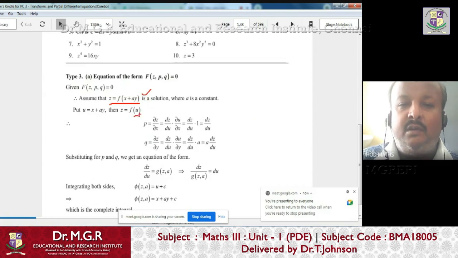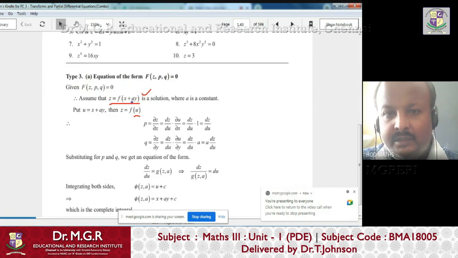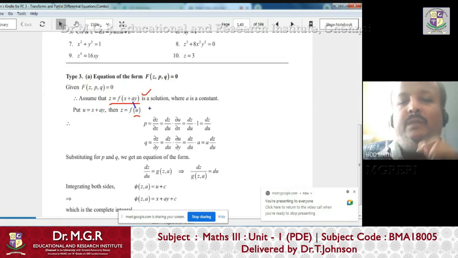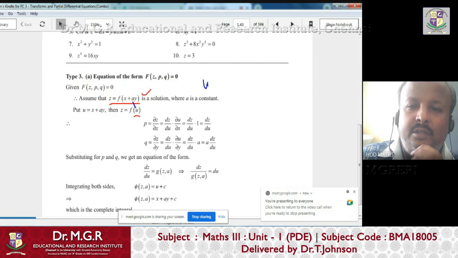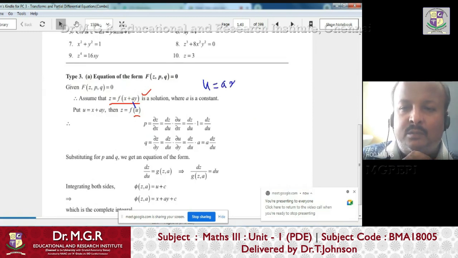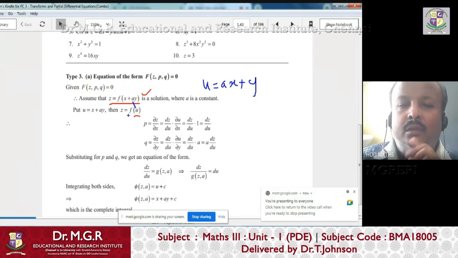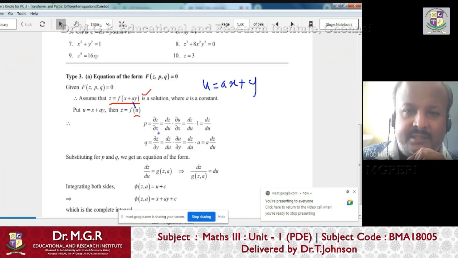First, you have to put x plus ay as u and assume that. So automatically z equals a function of x plus ay can be written as z equals some function of u. Now if you differentiate z with respect to x, it is not directly possible, because x is not visibly there.